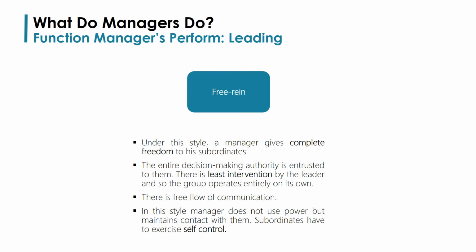There is a very free flow of communication, and in this style there is no exercise of power, but there is contact and communication maintained with the subordinates, and they themselves have to exercise self-control, unlike the earlier two styles, where there is an extreme exercise of control in the autocratic, and a moderate or lower level of control and monitoring in the democratic. In the free reign, there is complete self-control on the part of the employees only.